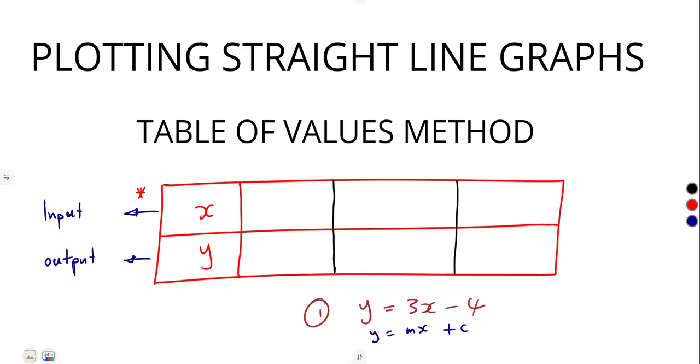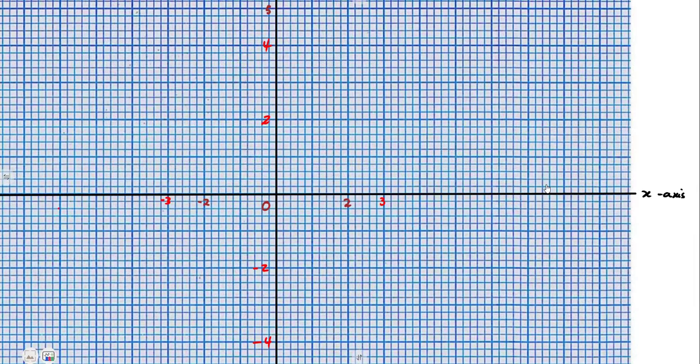After that, with this method, you have your x value and the y value as the output. So you're going to insert the x values, which are the input, on the table. So you start with x values. You insert x values on the table, corresponding to the given interval.